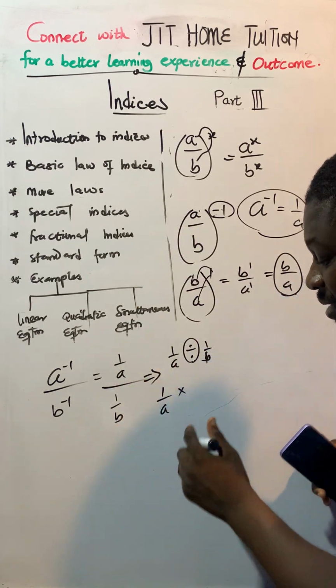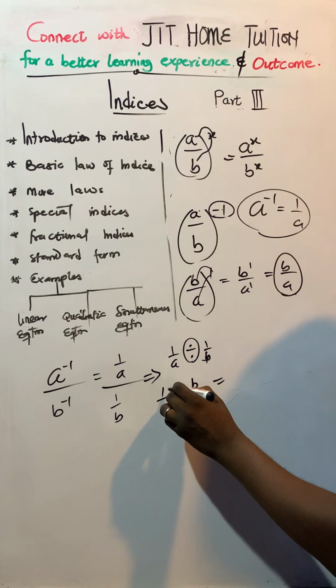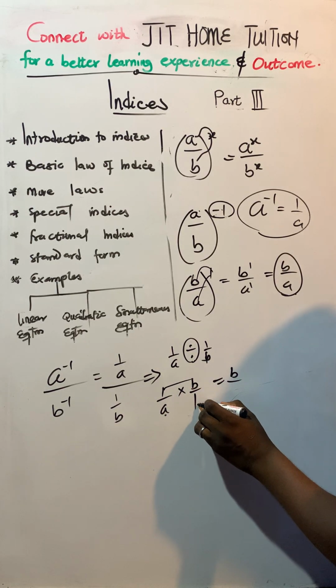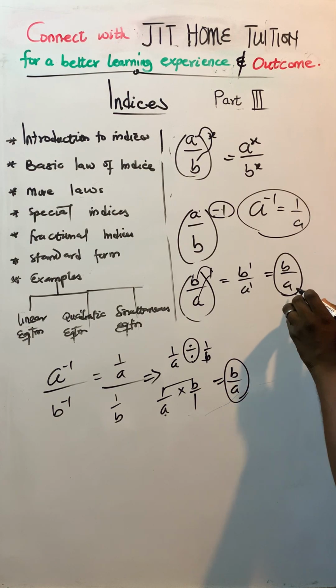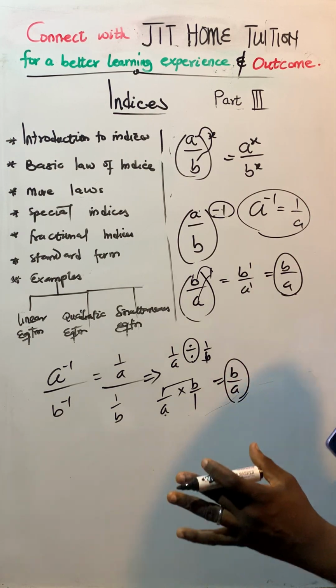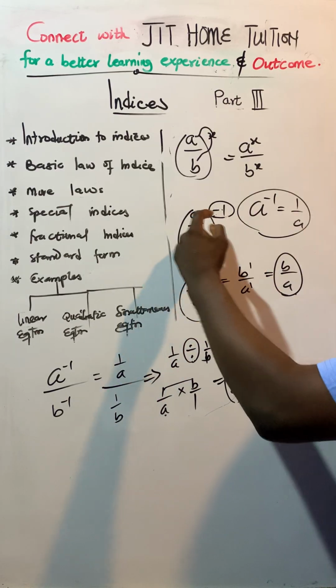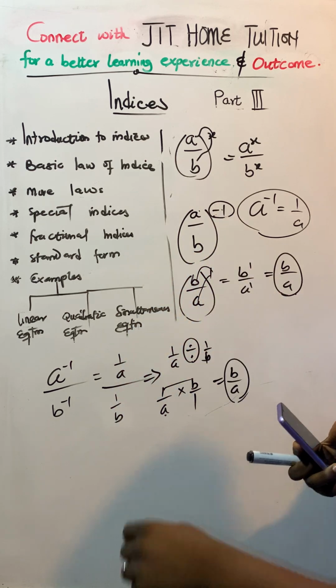That is, it will turn upside down, giving you b over 1. So in this case, 1 times b will give you b. A times 1 will also give you a. And this is not the same as what you have over here. So that explains why you will have to reciprocate it, and it will change from negative to positive.